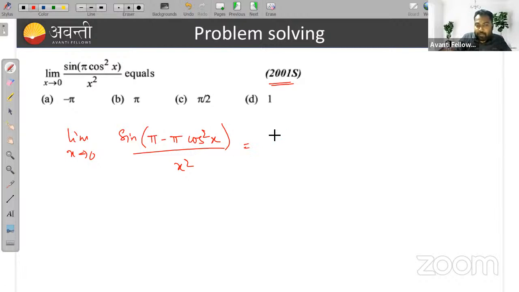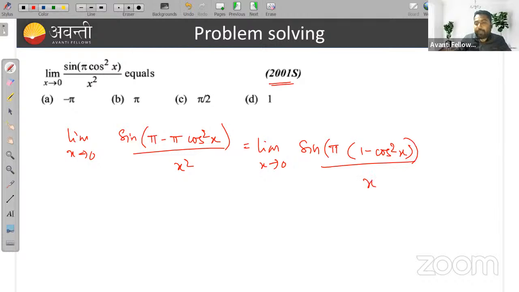If I take common pi from the bracket, what will happen? Sine of pi into 1 minus cos square x, whole divided by x square.